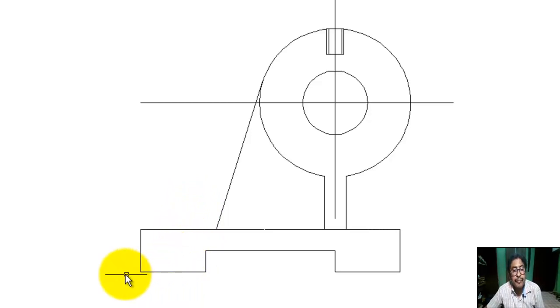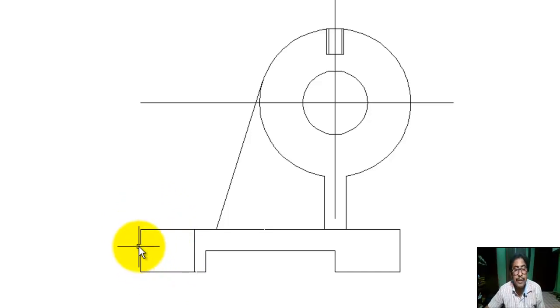In front view there is a hidden line 25 millimeter distance, offset 25, select object to offset, specify point on side to offset. Okay.